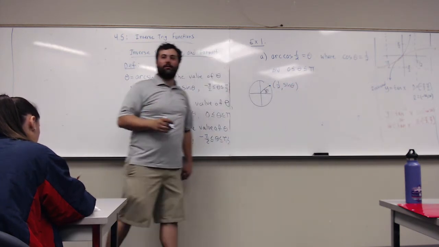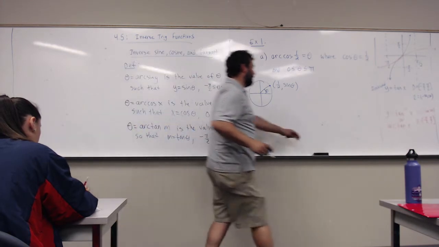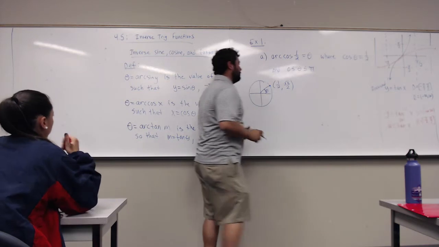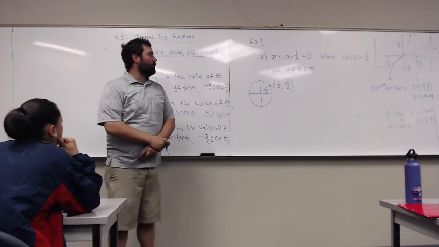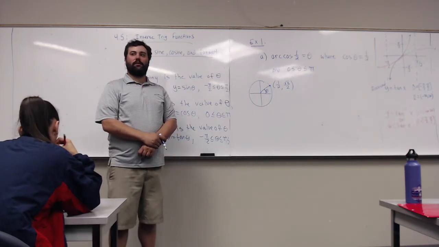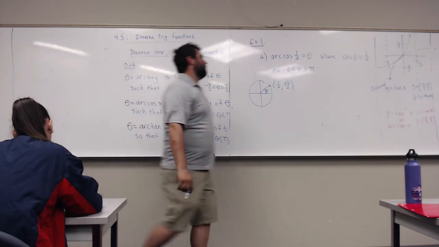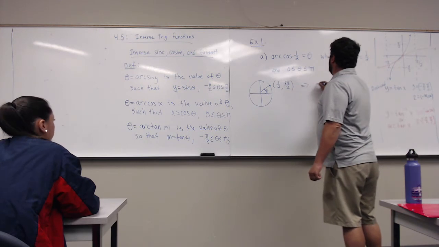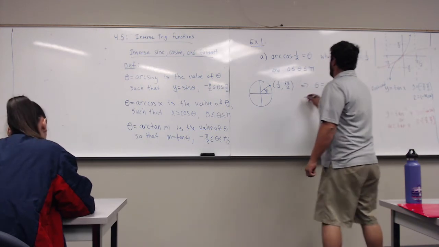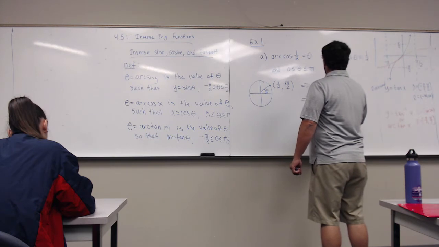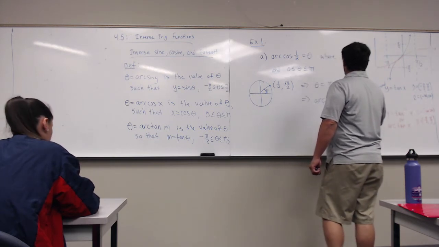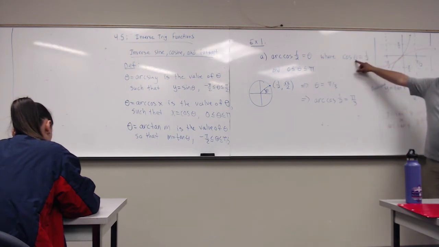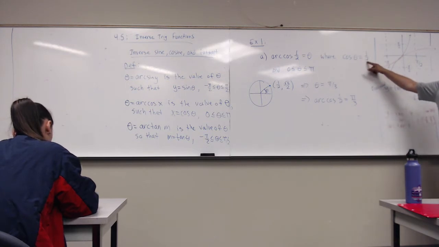It's sine theta, although we know what that is, actually. It's root 3 over 2. And what's an angle in the first quadrant where cosine is a half? That's going to be pi over 3. So the angle theta is pi over 3. So arc cosine of 1/2 is equal to pi over 3. Pi over 3 is the angle between 0 and pi that you plug into cosine to get 1/2.